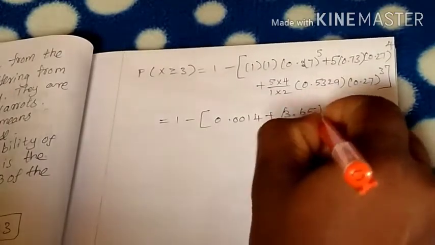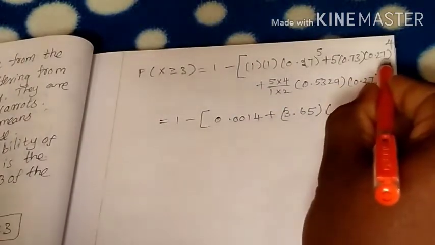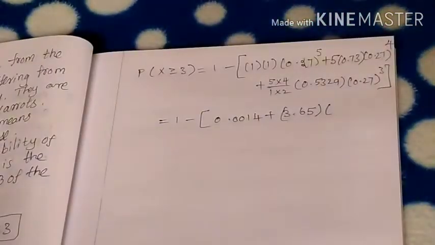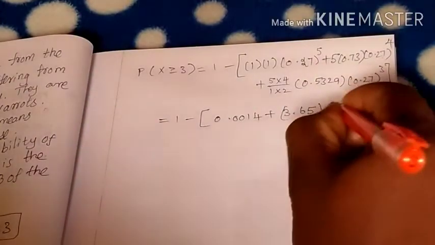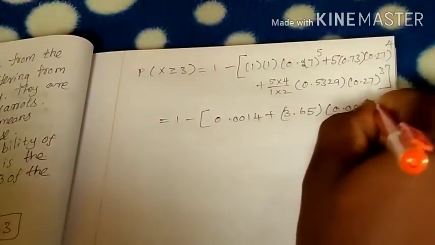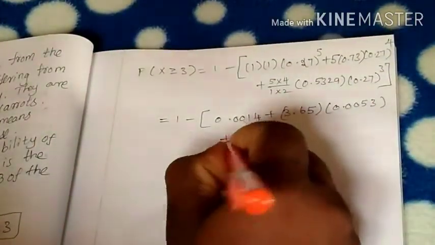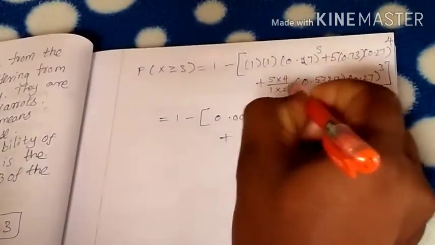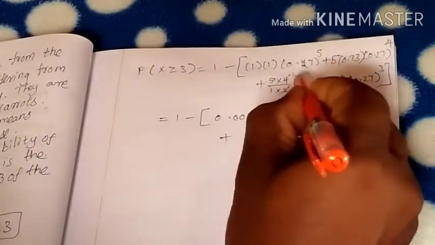Then the 0.27 power 4, which is equal to 0.0053.